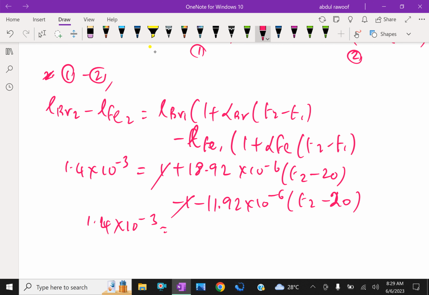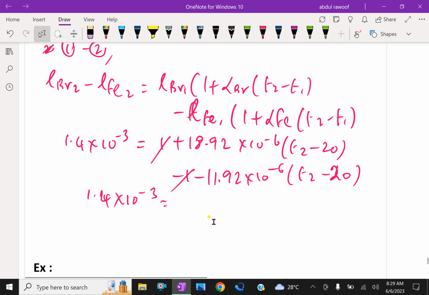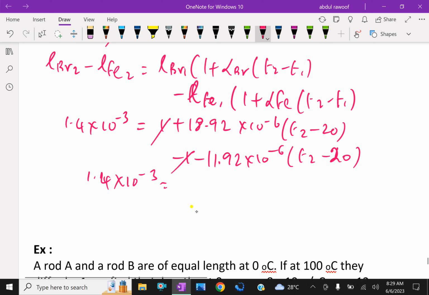After this calculation, 18.92 minus 11.92 is subtraction, which is 7 into 10 raised to minus 6 times T2 minus 20.